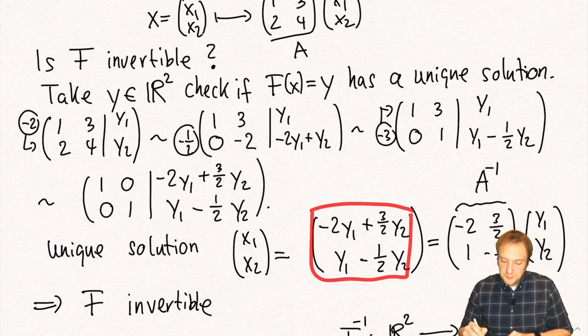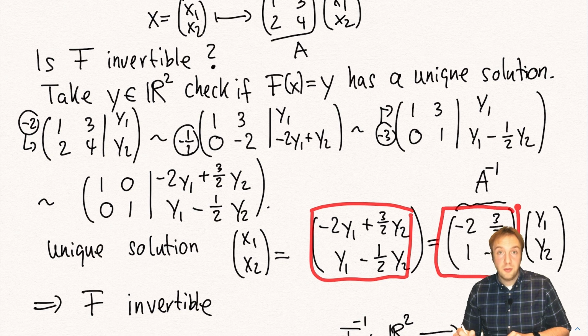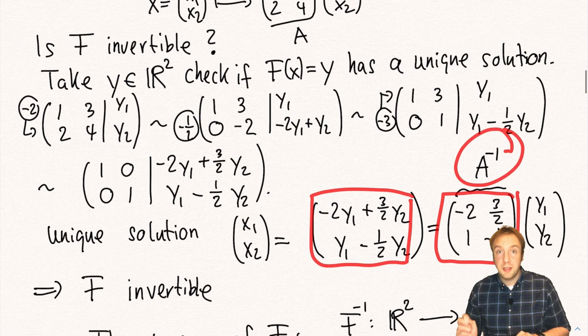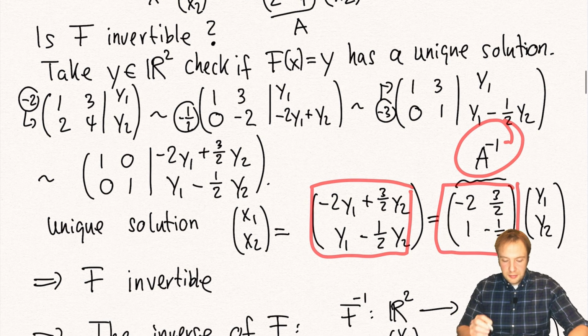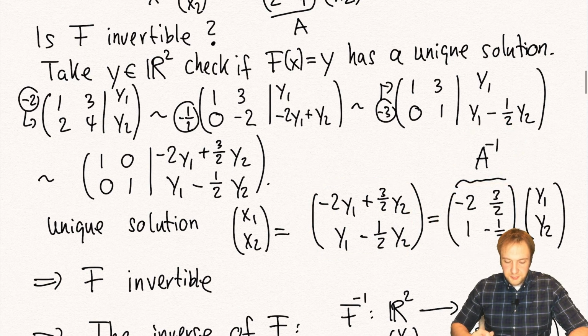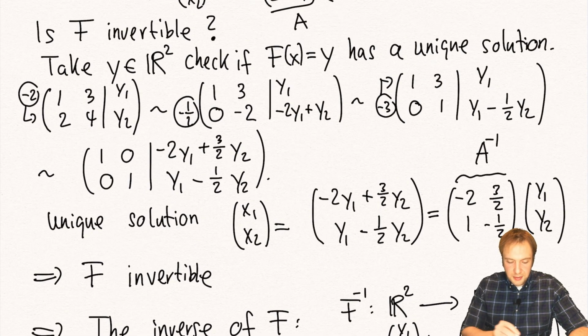From this vector I can read off the corresponding matrix, and then I would get the inverse. And this we can do a little bit more systematically, but it's exactly the same calculation.